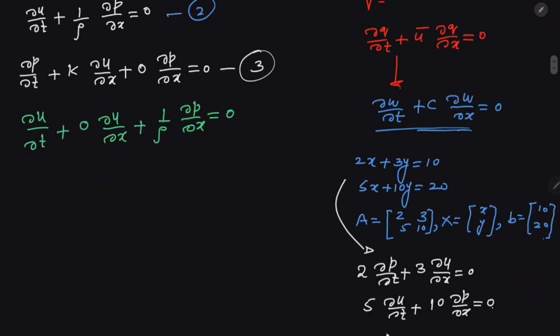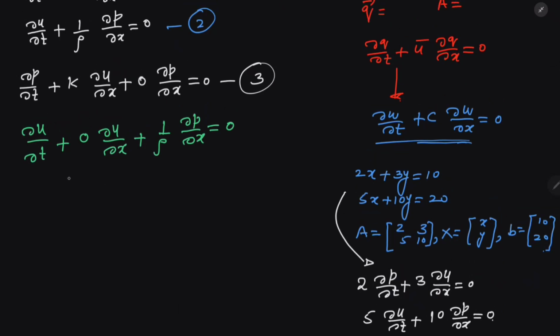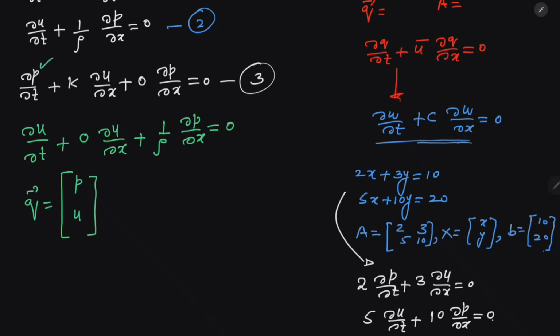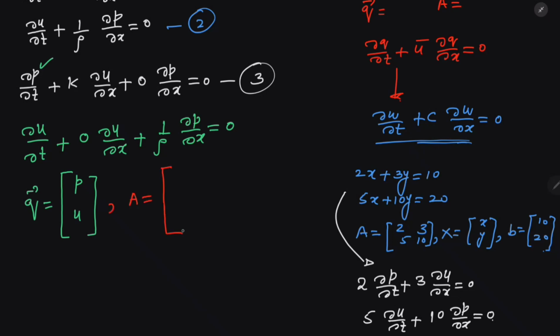So it's up to you. If you want to write a column vector, you can write it as q, for example, the vector p and u from here, and we write the coefficient matrix A. For example, we write 0, then write k, then we have 1 over rho and 0.